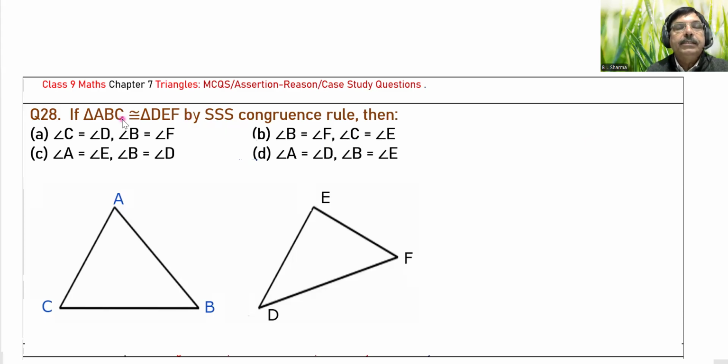Triangle ABC is congruent to triangle DEF by SSS congruency rule. Then which of the following is the correct option? First, I need your answer. See, by congruency, AB is equal to DE.